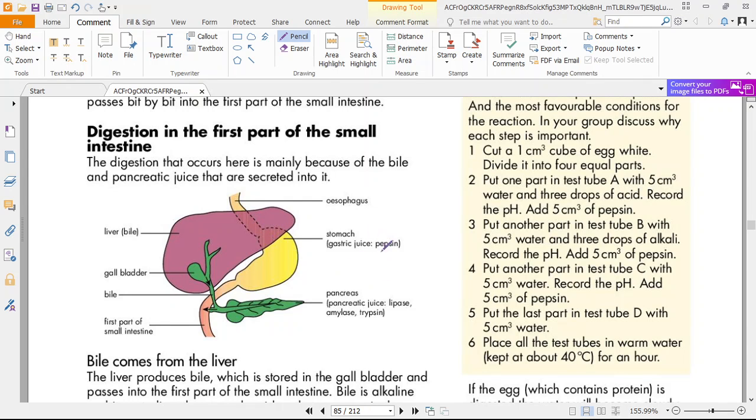Gastric juice starts to work on it, the pepsin. Pancreatic juice contains lipase, amylase, trypsin. Lipase digests fats and oil. Amylase digests starch. Right? So pay attention to these enzymes here and ensure that you know what they're digesting.